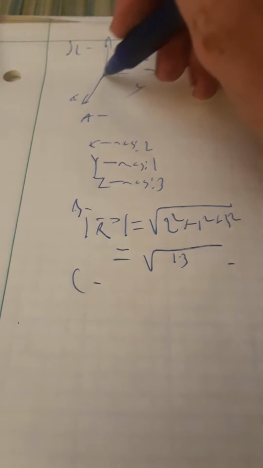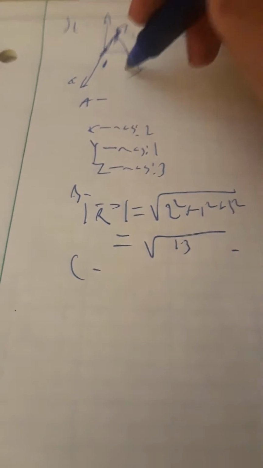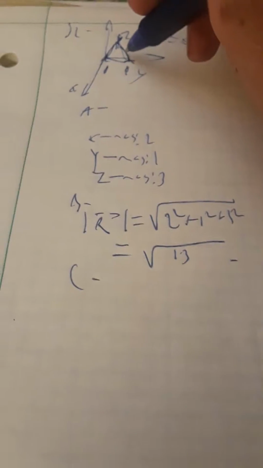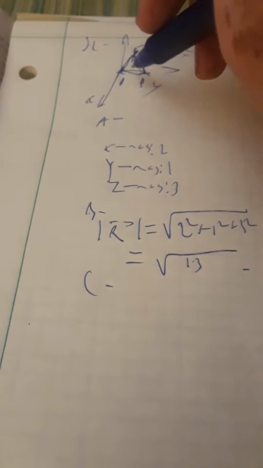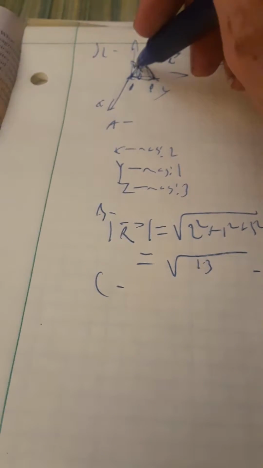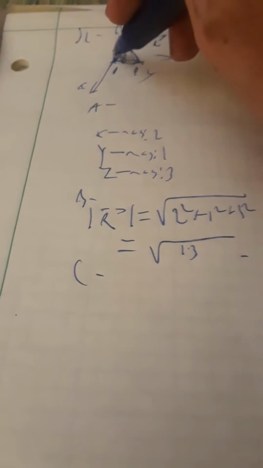And now we compute the angles between the vector and the axes. These are known as direction angles. Now, notice something interesting here. They form a triangle where we'll call the angles theta, phi, and gamma.